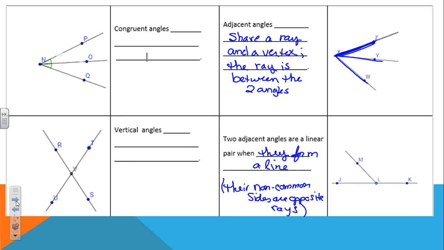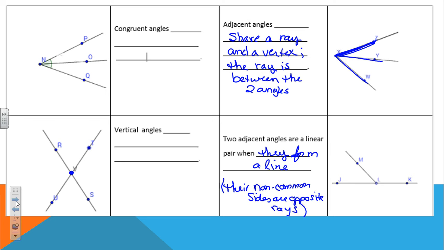It says that vertical angles have sides that form two pairs of opposite rays and they only share a vertex, right? Okay. Two pairs of opposite rays, okay? When I think of vertical angles, I think of a cross, right? We've made an X of some sort, and the only thing they have in common is V for vertex. Vertical angle, V for vertex.